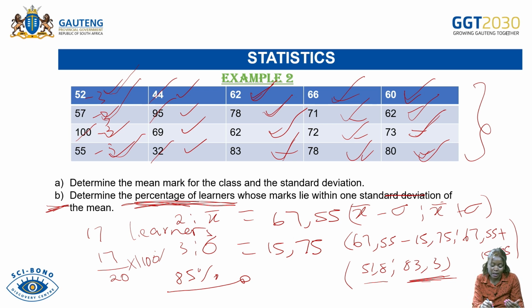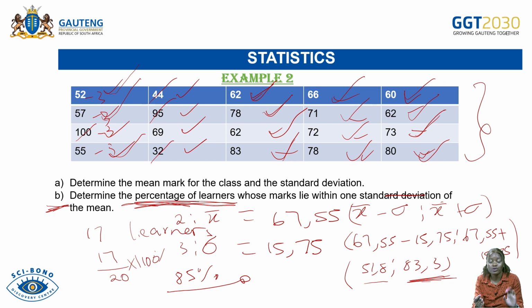If I keep on adding the same value, it is going to remain the same. But with the mean, if you keep on subtracting the same value or keep on adding the same value, that is going to change the mean, depending on whether you are subtracting or adding. If I'm adding, it's going to increase the mean, and if I'm subtracting, it's going to decrease the mean.